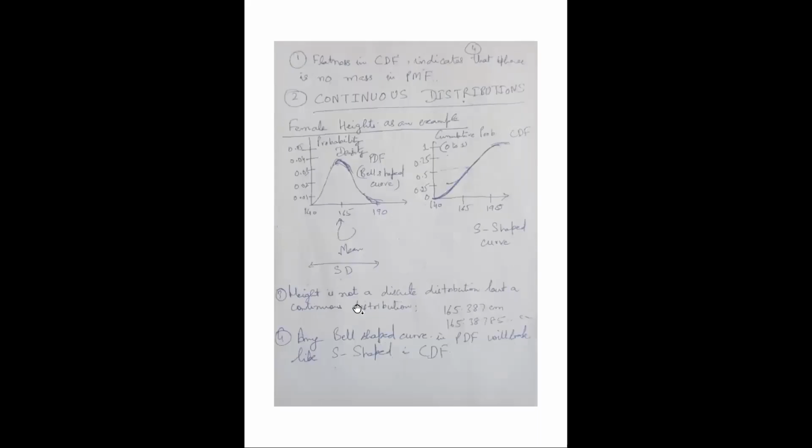Gradient is flat, no probability proportions. That's the important point. Flatness in the cumulative distribution function indicates that there is no mass in the probability mass function. What is the meaning of mass? It means there is no probability distribution, or no probability proportion, for that particular outcome.